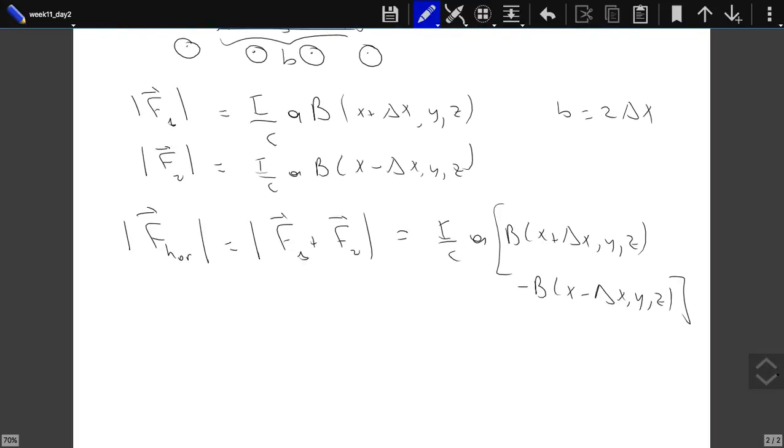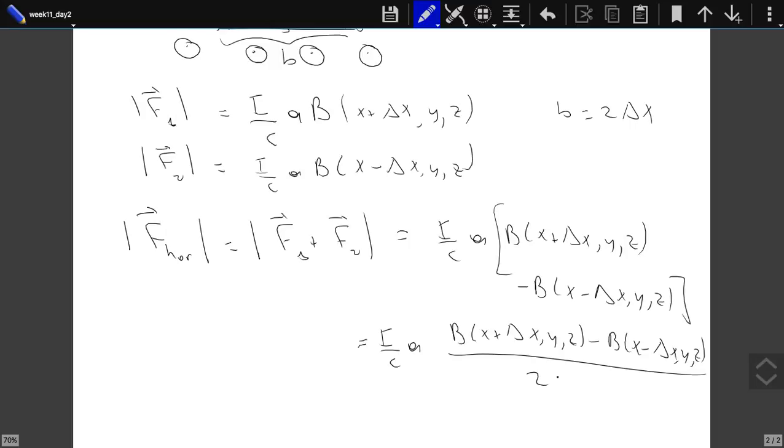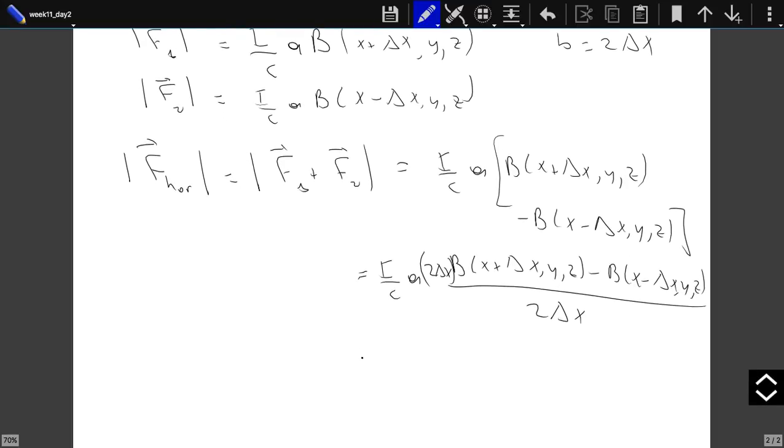Or if I make a Taylor expansion around delta x equal to 0, this will be equal to I over C A, B of x plus delta x y z minus B of x minus delta x y z over twice delta x, multiplied by twice delta x. This is equal to I over C A, well, twice delta x was what I call the B, and that difference is nothing but the derivative of the B field.